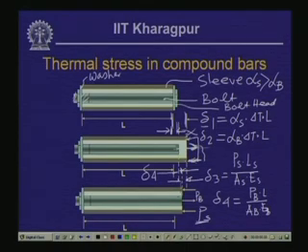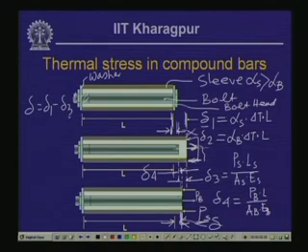And the final deformation from the original length is delta. Delta 1 was the free movement of the sleeve because of the temperature, and it has been brought back to the final shape by application of the force Ps, which is delta 3. So, delta 1 minus delta 3 is the final position delta for the outer sleeve. For the central bolt, the free thermal expansion was delta 2. From its initial position it has expanded to delta 2.